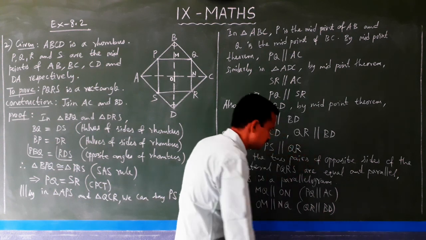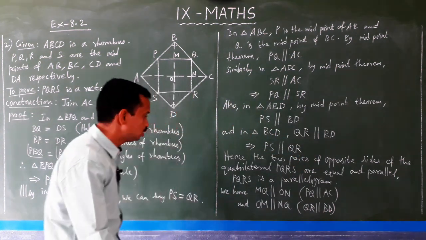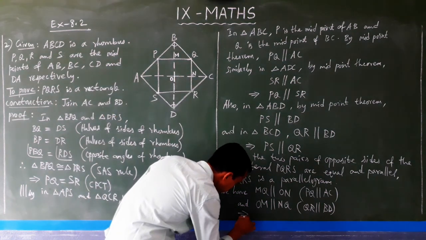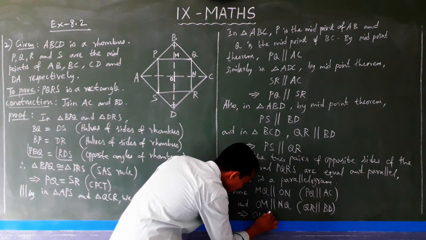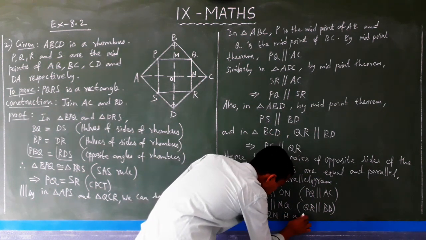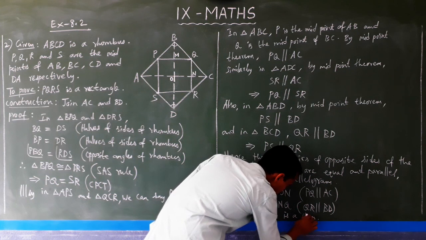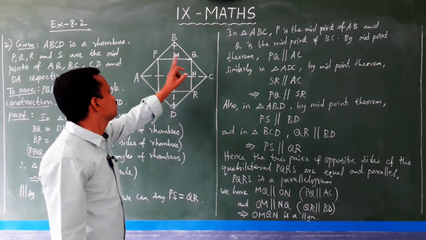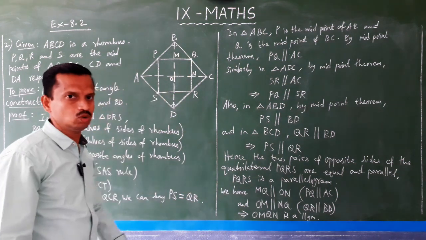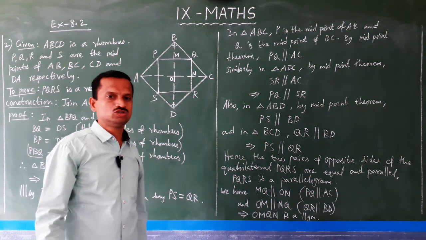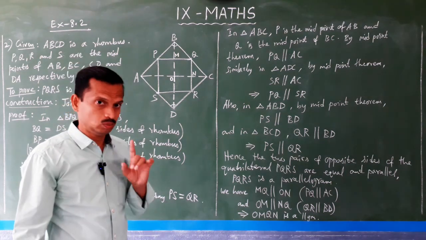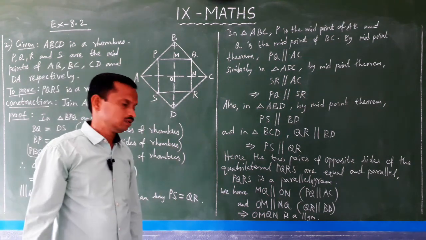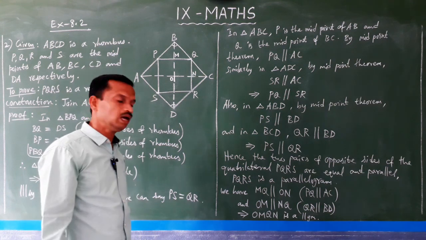So easily, through that, we can say OM is also parallel to NQ. So now we come to the conclusion: OMQN is a parallelogram. Clear? If two pairs of opposite sides are parallel, not just one pair, then we can tell that OMQN is a parallelogram.